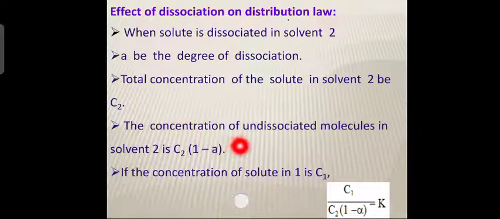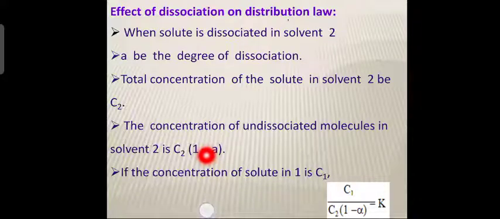Then the concentration of undissociated molecules will be C2 minus C2 alpha. Correct, no? That means if alpha undergoes dissociation, 1 minus alpha remains. Therefore, the concentration of undissociated molecules in solvent 2 will be C2 into 1 minus alpha.